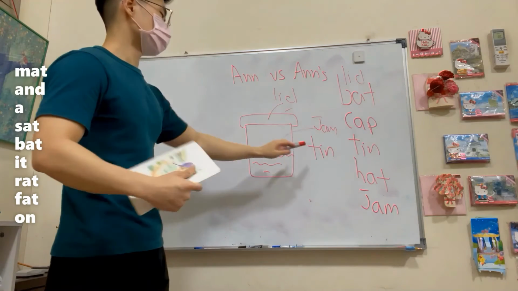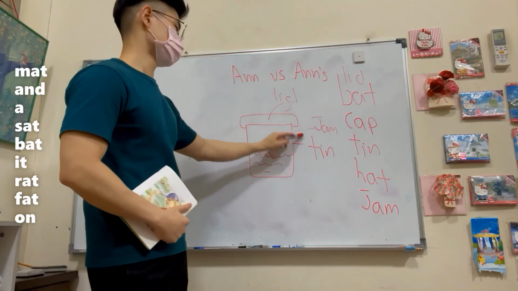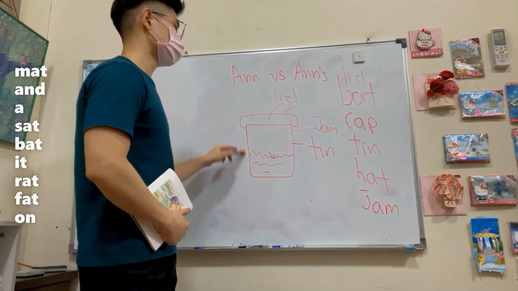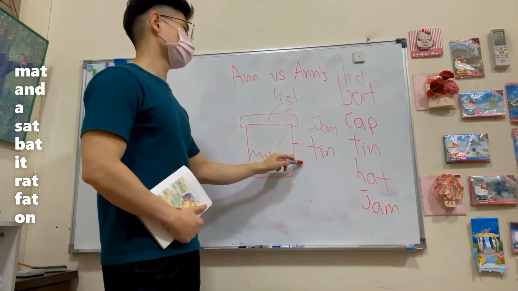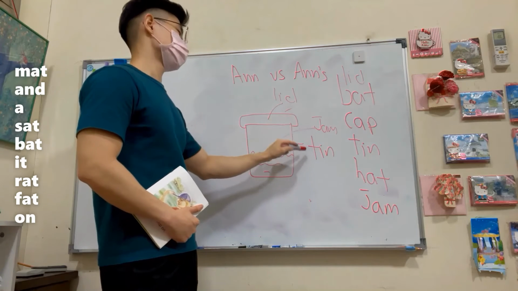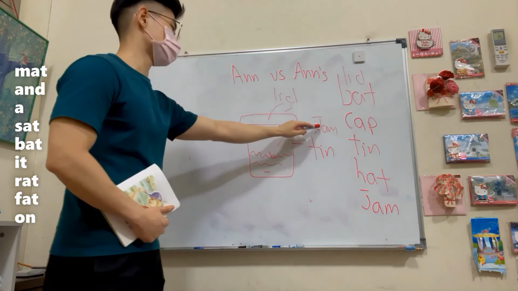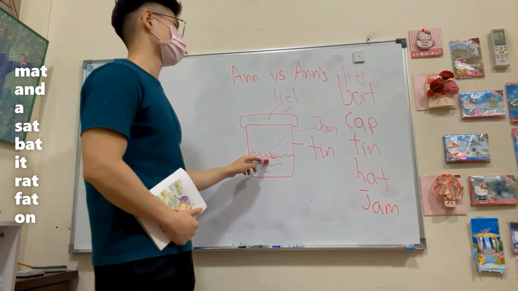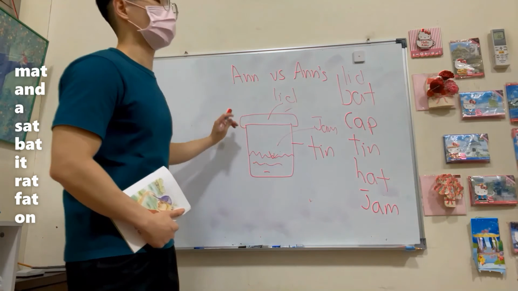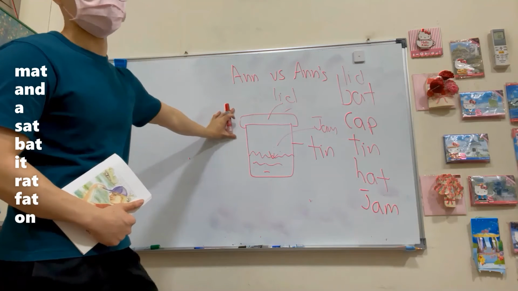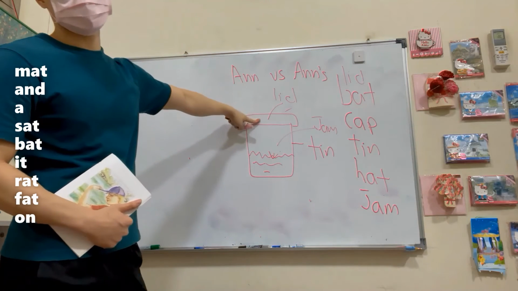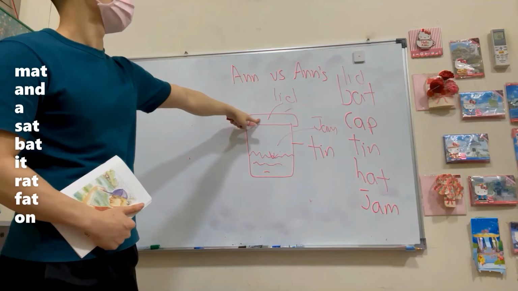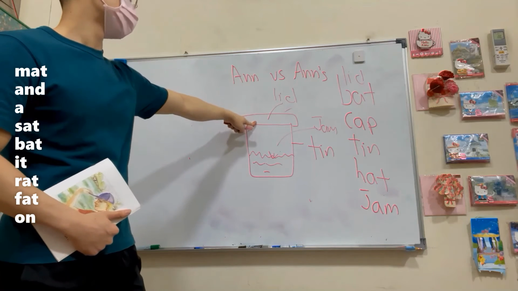So tin is a container. Tin is a container. And Anne puts the jam into the tin. So in the tin there's a jam, right? And we need something to cover the tin, so we have a lid. We have a lid to cover the container.